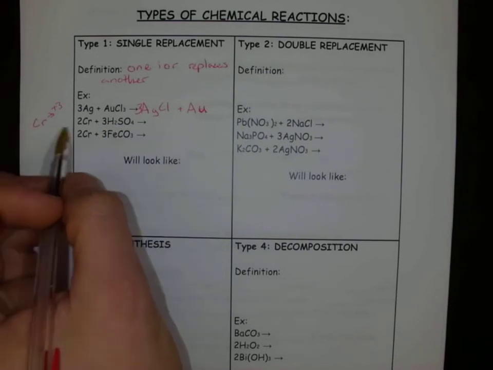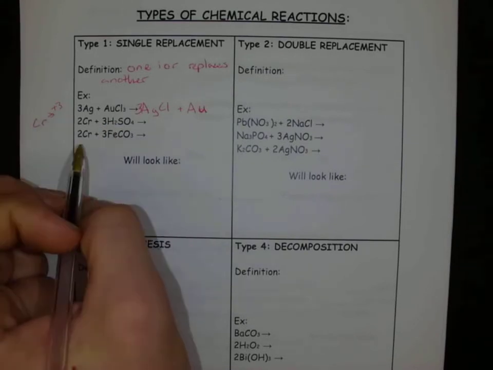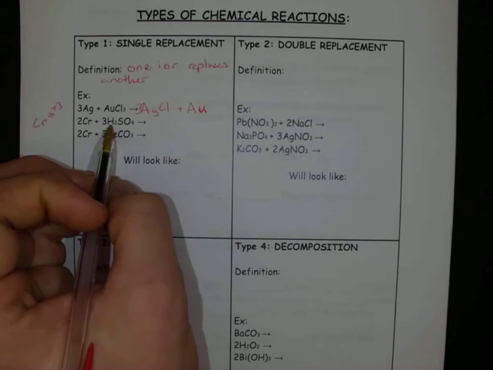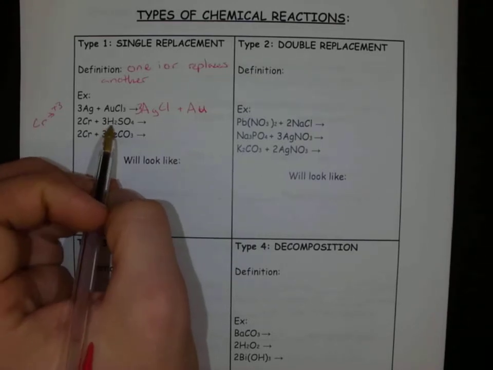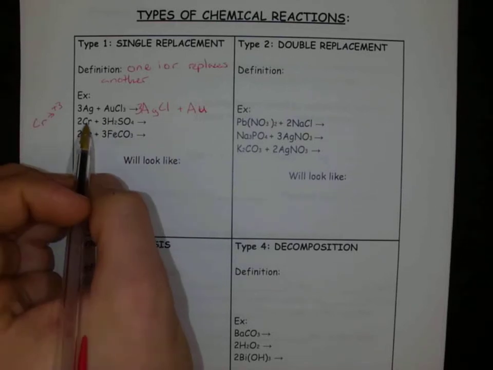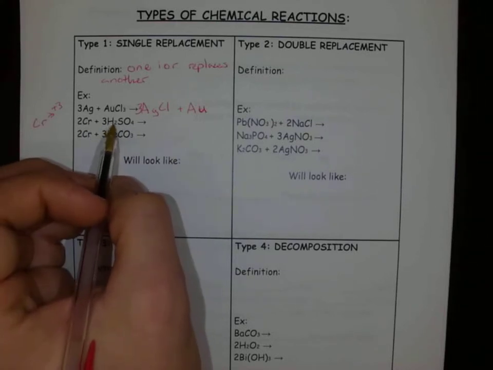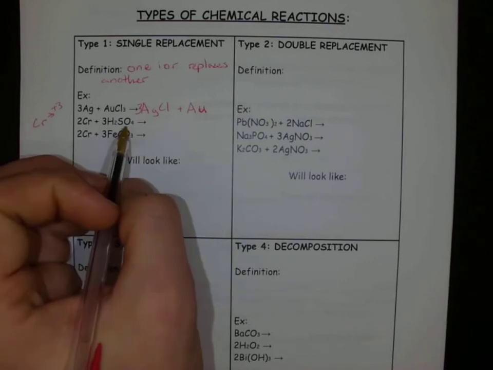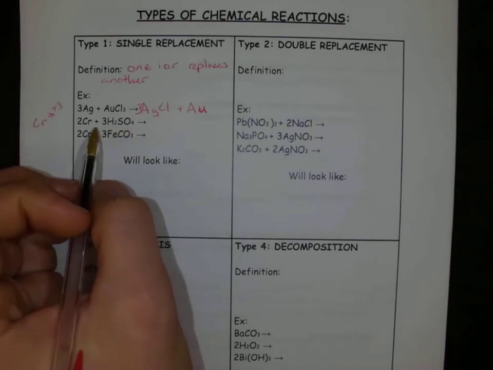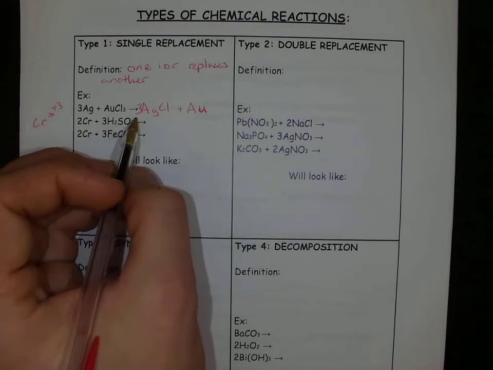So I know that if chromium is going to form a positive charge, it's going to come in and kick off my H+. That's what I mean by it's going to kick off a similar ion. So chromium is going to come in, kick H+ off, and we're going to form a bond between chromium and SO4. So it's going to be chromium 3+, SO4 2-.